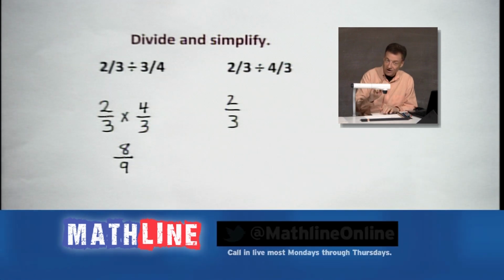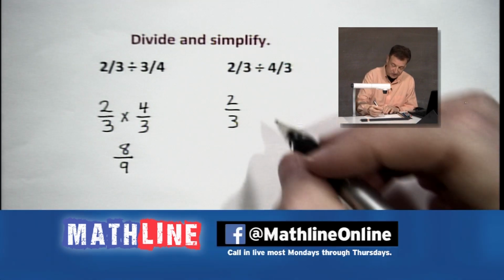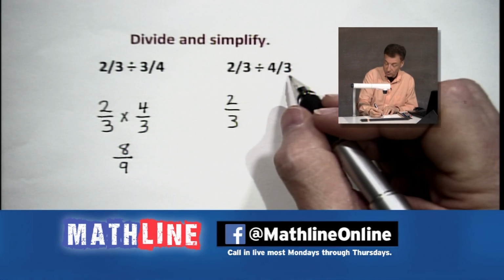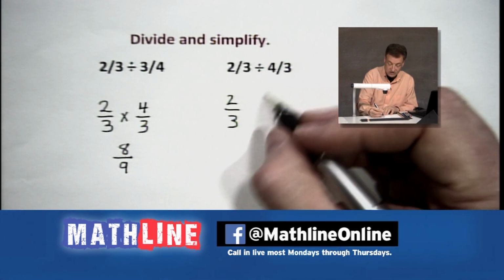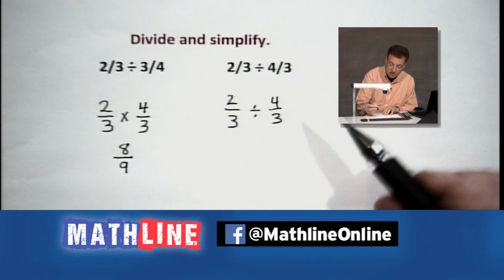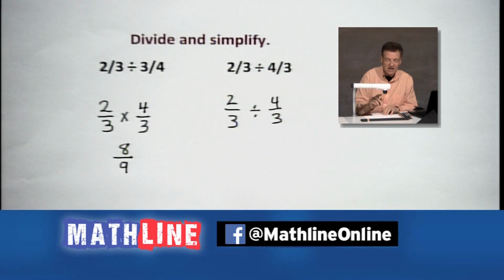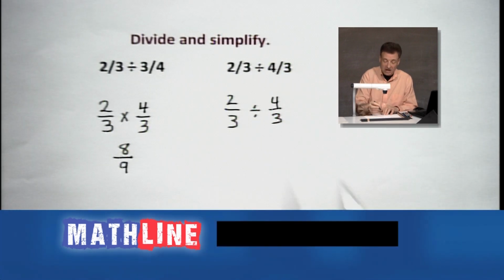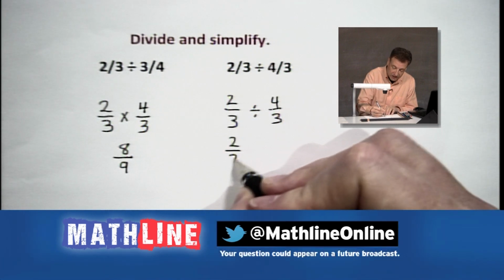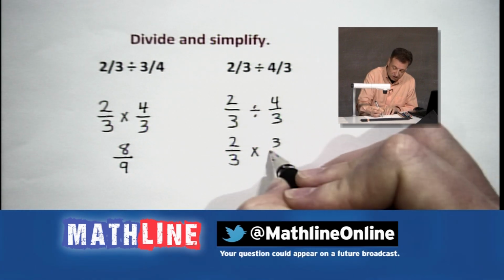Now over here, life is a lot sweeter. Well, we couldn't cancel. If you wanted to try to cancel, remember what we said, we can't do it horizontally, right? We can't cancel anyway because we're still in division. But let's see what happens when we go to that reciprocal.